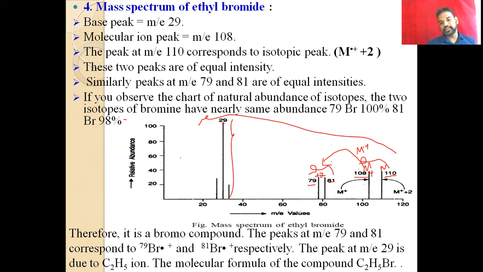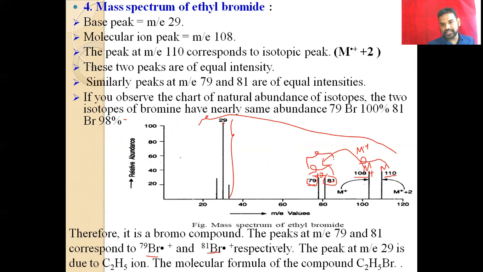The peak at 29 is due to C2H5. The 79 and 81 pattern is because of the bromine isotopes: the peak at 79 is from bromine 79 and the peak at 81 is from bromine 81.